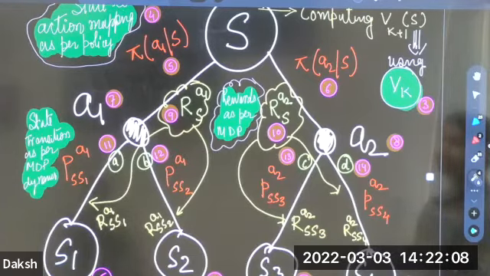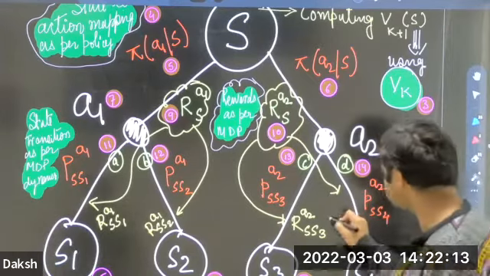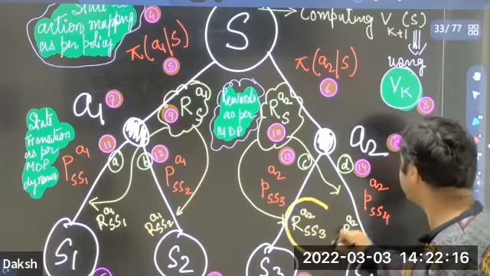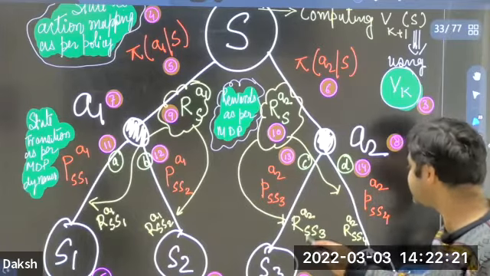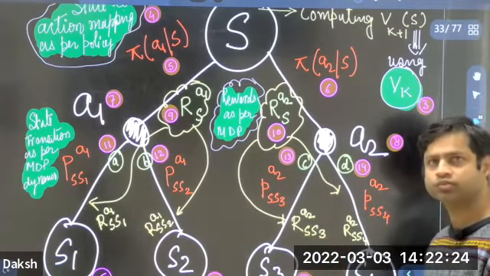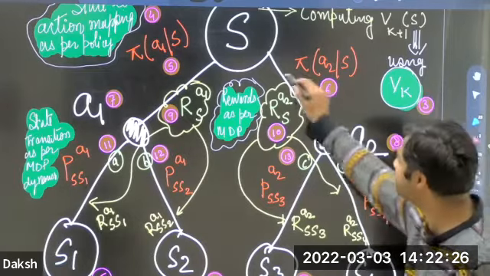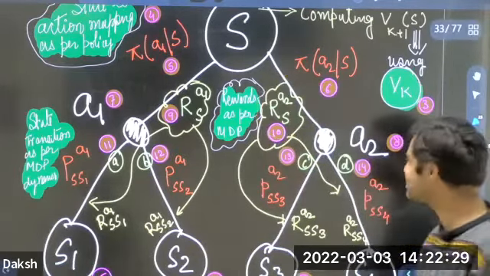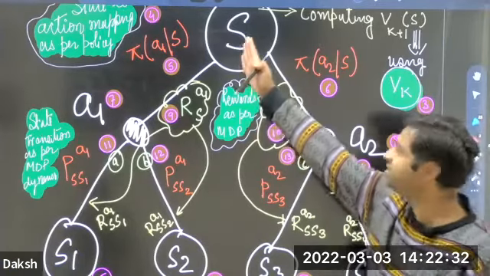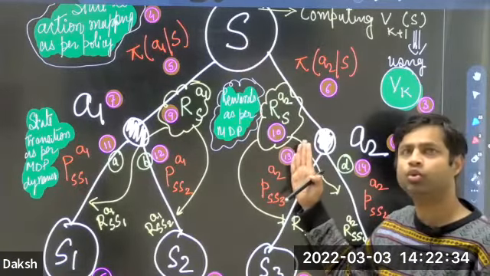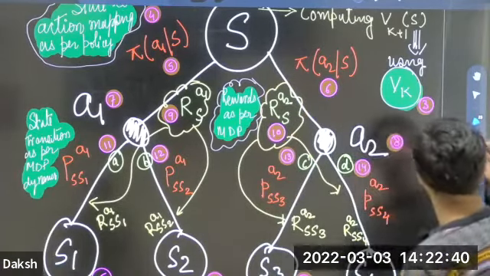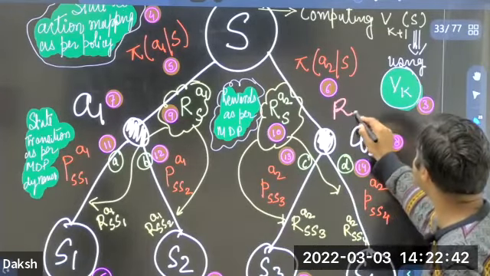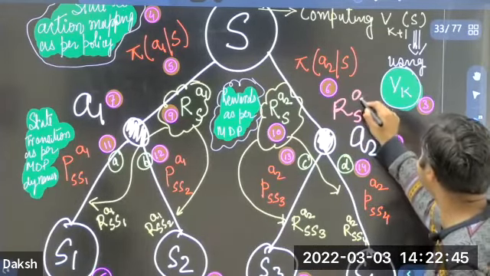Now the point is that this reward is basically going to tell you about this state. But somebody may ask, on this state, if you take A2, what is the reward that you are going to get? This one. But how was that defined? It was defined as R, S, S dash, A2.